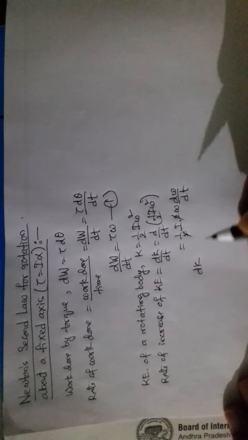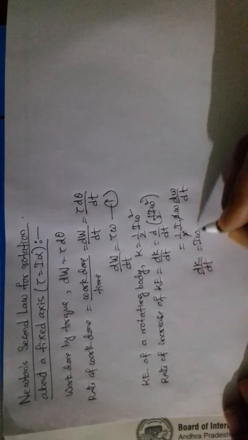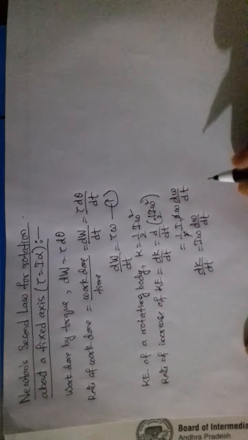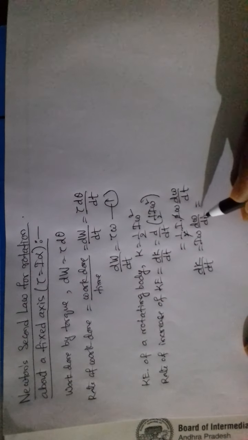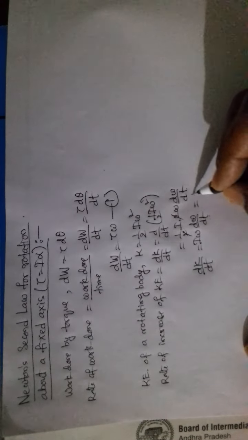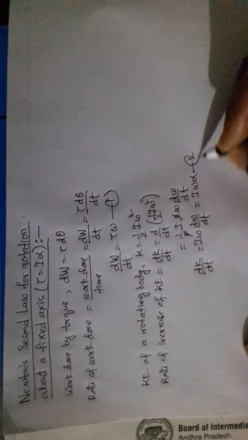So dK by dt is equal to I omega d omega by dt. But this is the rate of change of angular velocity, that is angular acceleration. Therefore I omega alpha. Say this is the second equation.